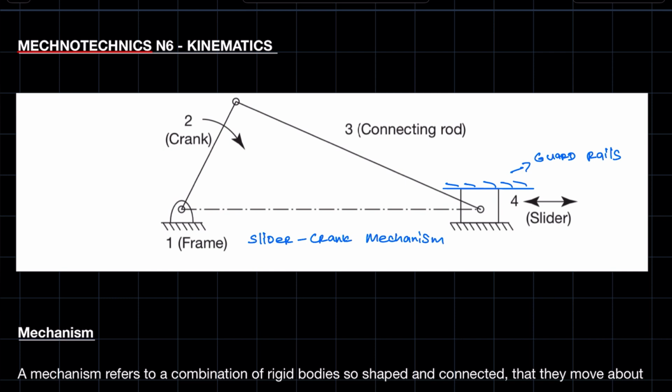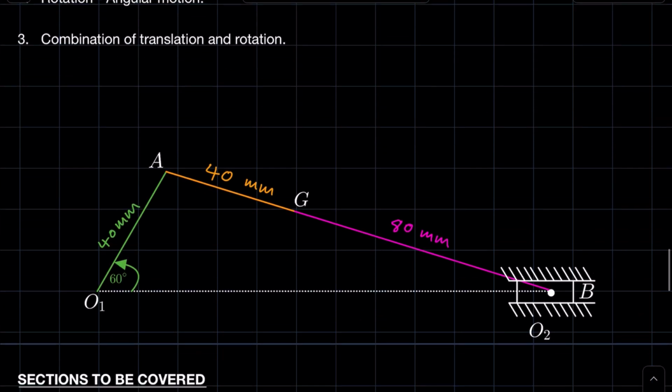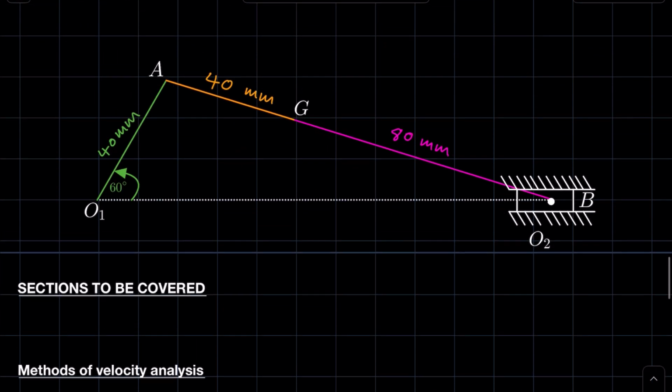So essentially O1 and O2 represent the fixed links, and then we have OA, which is our crank or driver link. You have AB, which is the connecting rod, and then you have the slider B.